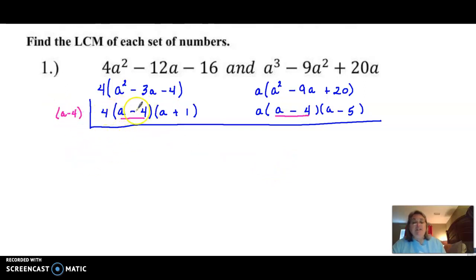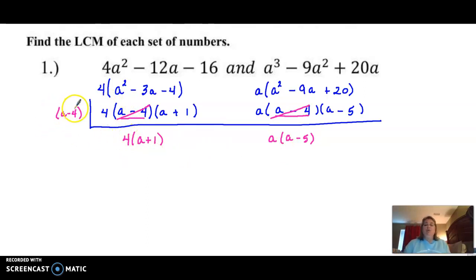And when I take the a minus 4 out of here, divide it out, I'm going to be left with a 4 and an a plus 1. When I take my a minus 4 out of this one and it's gone, I'm going to be left with an a and an a minus 5. Now between these two, I don't have anything left over. There's no other common factor, so I know I'm finished.